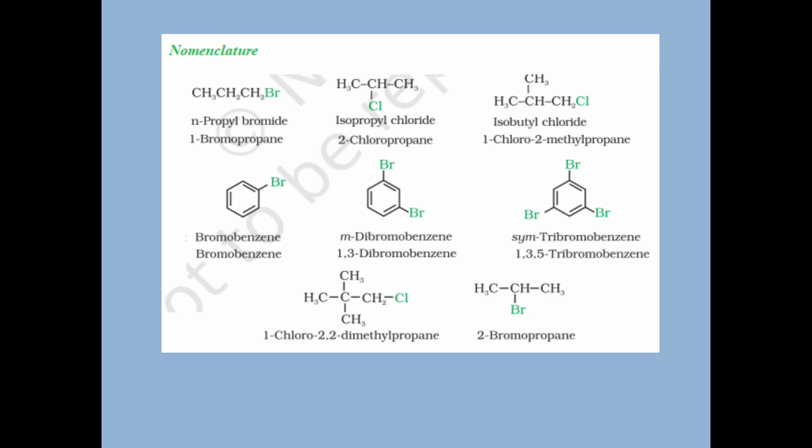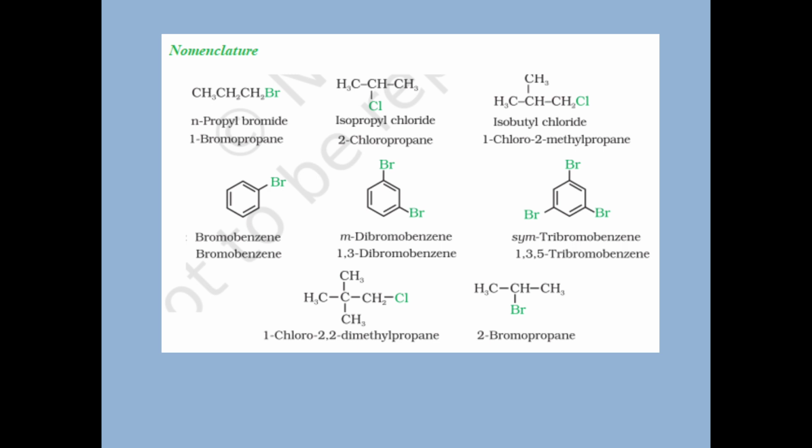Nomenclature. The first one is n-propyl bromide, 1-bromopropane. Second one is isopropyl chloride or 2-chloropropane. Third one is isobutyl chloride, 1-chloro-2-methylpropane. Next is bromobenzene.